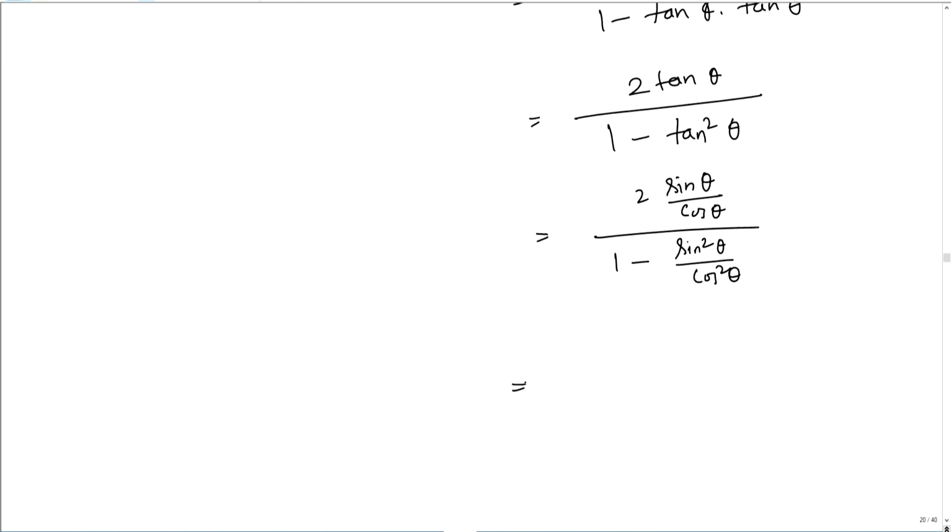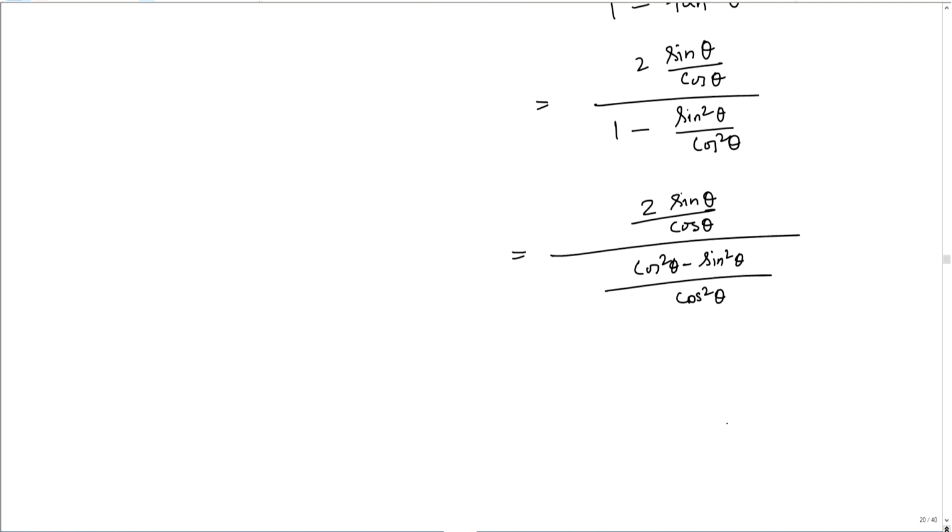Okay. So, it turns out that the numerator would remain 2 sin theta by cos theta, and in the denominator you would have cos square theta minus sin square theta divided by cos square theta.